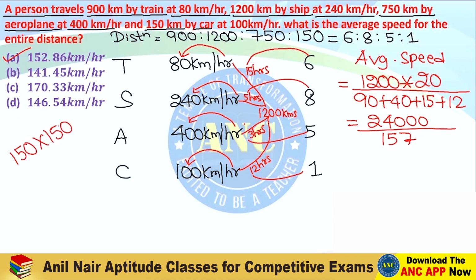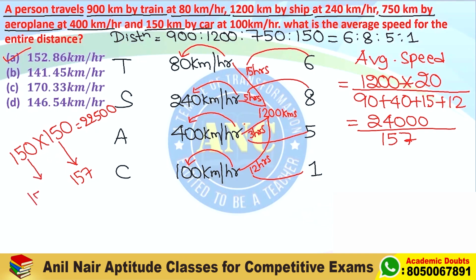150 into 150, 15 into 15 is how much? 225 followed by 2 zeros. Now this is 157, that means you should increase it, right? You should increase it to 157. Answer will be definitely greater than 22,500, so it is 24,000 here also, and here also you have 150.